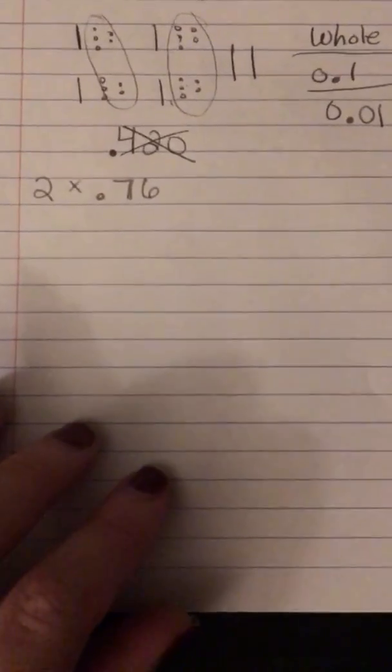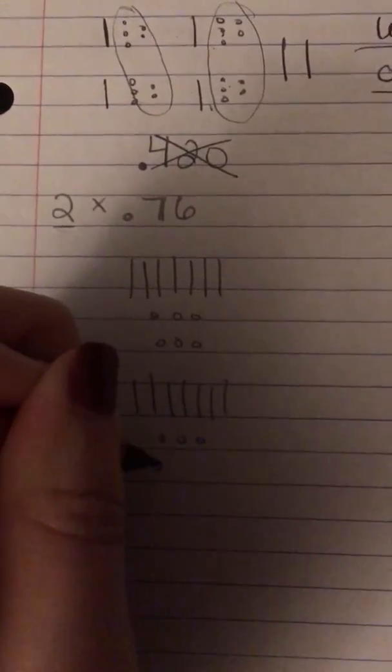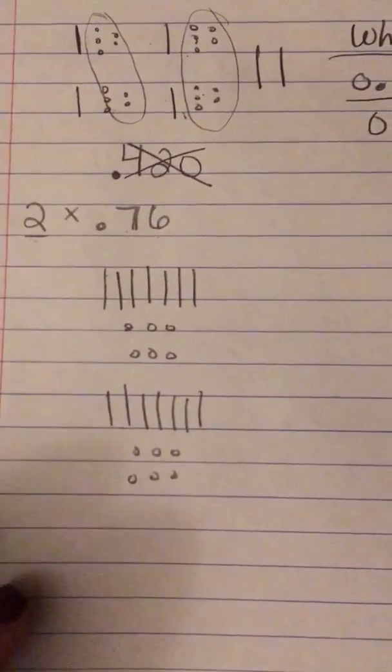Okay, now let's look at our last one. 7 tenths and 6 hundredths. And I have 2 of them. Okay, so I'm going to do it both ways again.